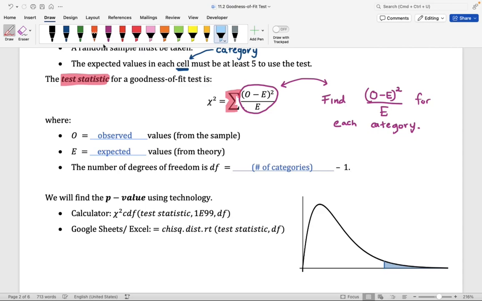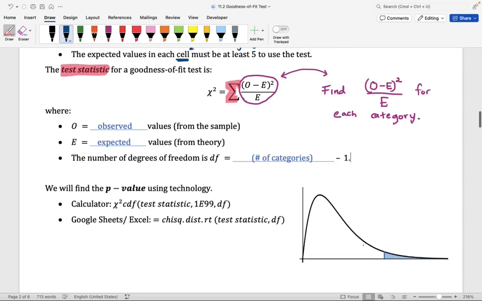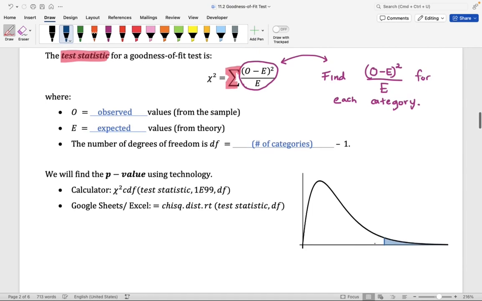Okay? Now, let me go ahead and help you visualize how we're going to be finding the p-value. Here on the right-hand side of our screen, we have a chi-square distribution. Here, I'm going to label the test statistic. Your test statistic is always going to be on the right-hand side of the distribution, on the right tail. Your test statistic is always going to be positive. Okay? So let me go ahead and just write test statistic.